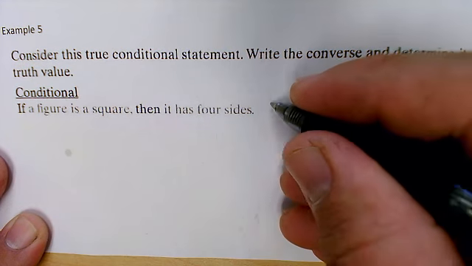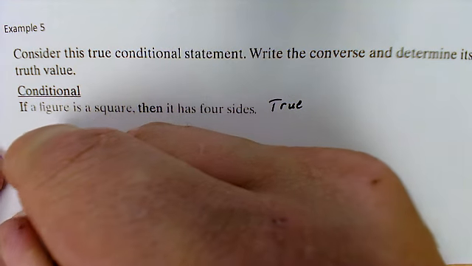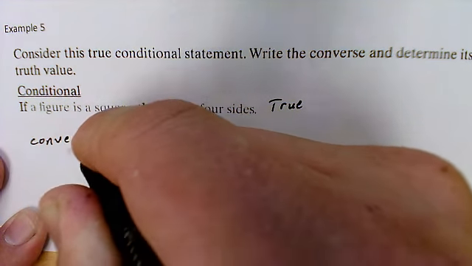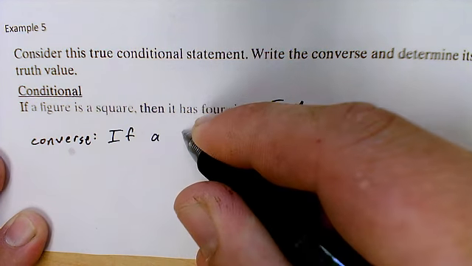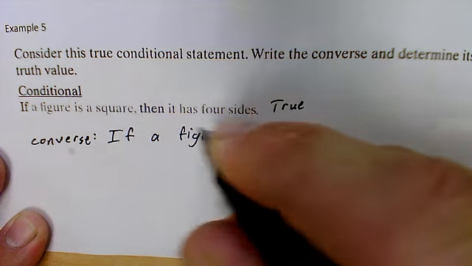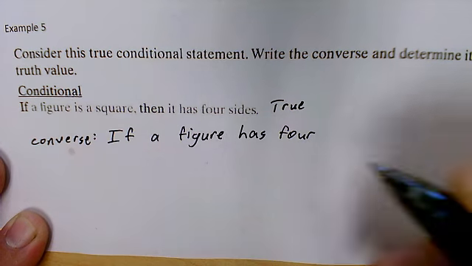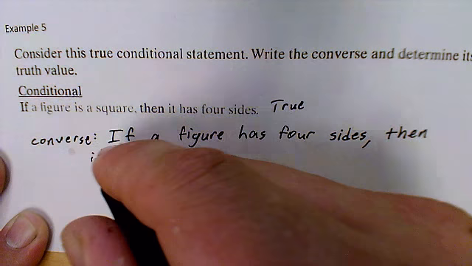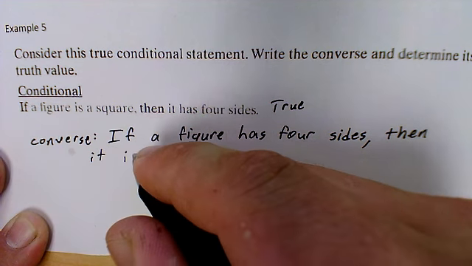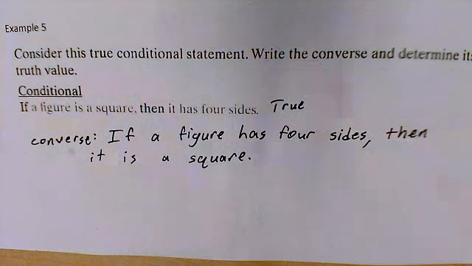So while this was true, it said in the instructions, we're going to write the converse and determine its truth value. So here's my converse. If a figure has four sides, then it is a square. That's my converse because I switched my hypothesis and conclusion.